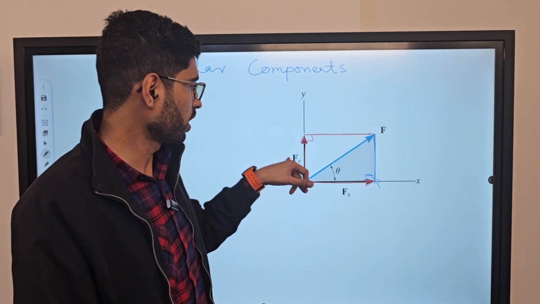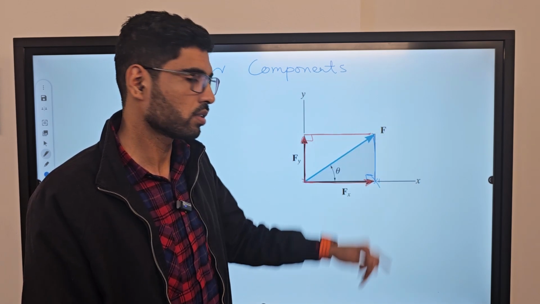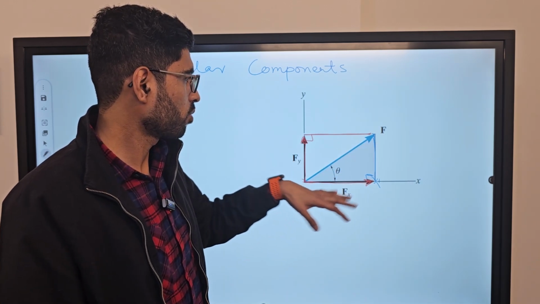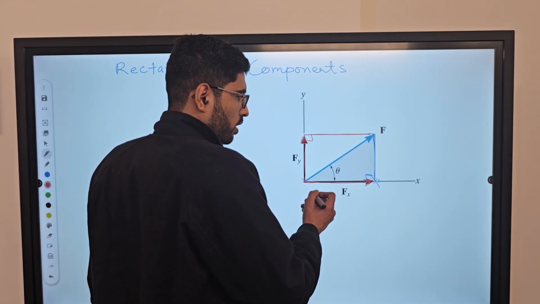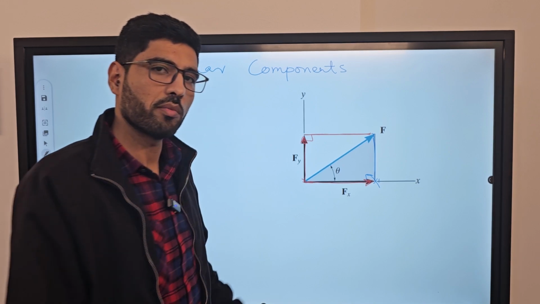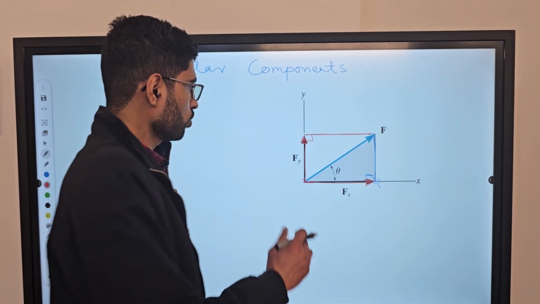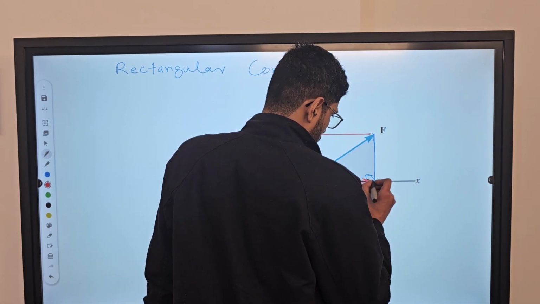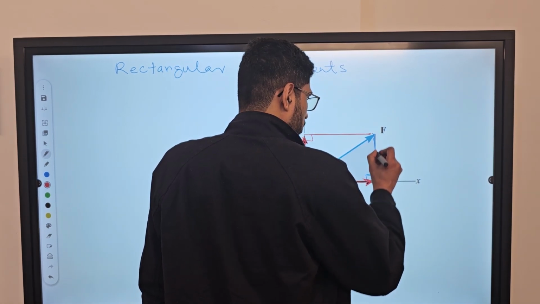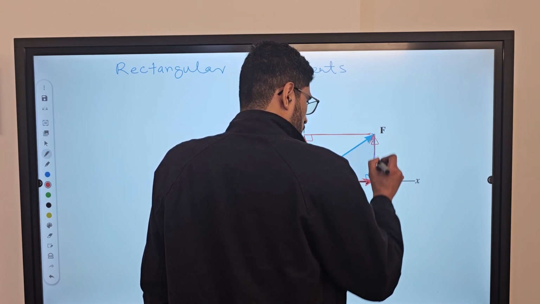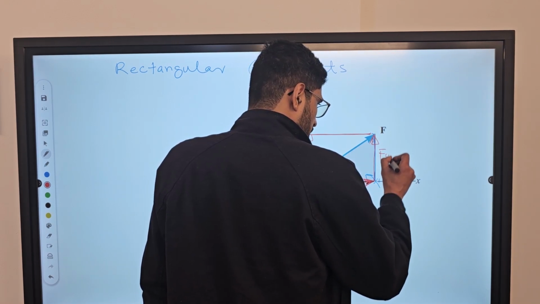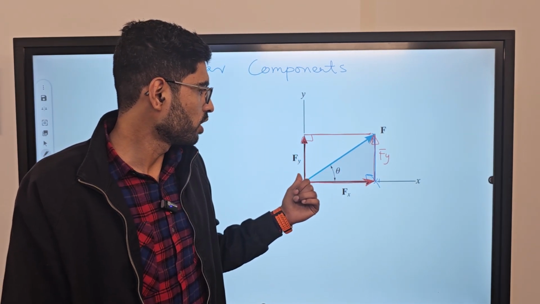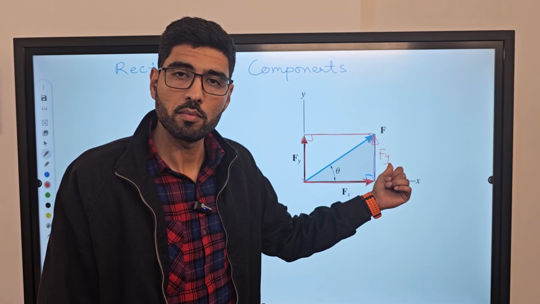And if we add both of these components, they must give us that force F by the head to tail rule. If in a problem we are given F of x and F of y, the sum of F of x and F of y must give us force F. So if I draw F of x, and then draw F of y by joining the tail of F of y with the head of F of x, then we are adding F of x and F of y using the head to tail rule.